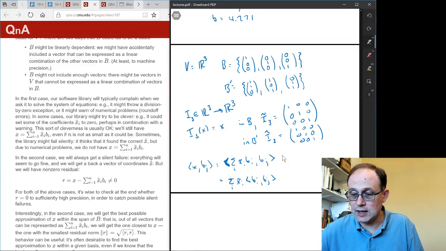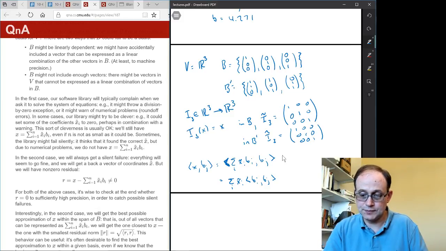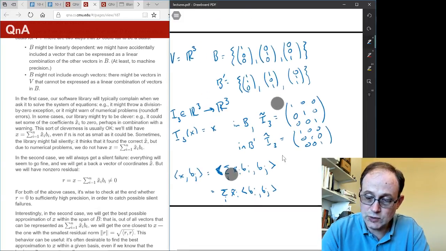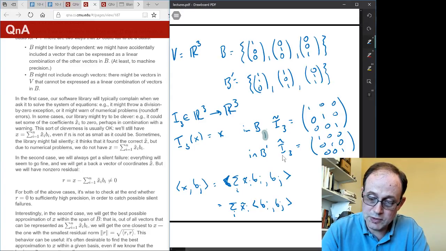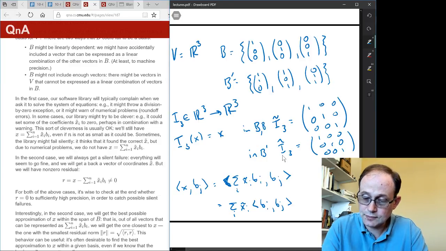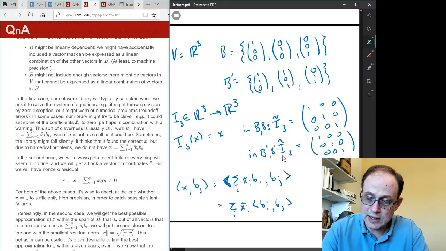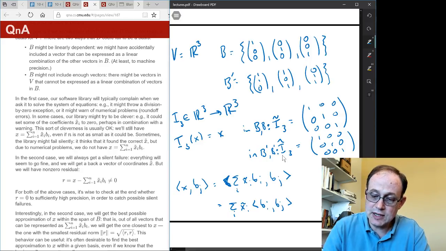Let me say this in a little more detail. I should say in B comma B, meaning that both the input and the output are represented in basis B. And here, this is in B prime comma B prime.